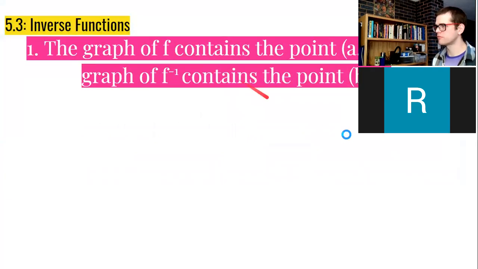So the first one is just the fact that if a point's on f, then if you flip the coordinates around, that point is on the inverse. Remember, IFF is not me horribly misspelling if. Capital IFF stands for if and only if.